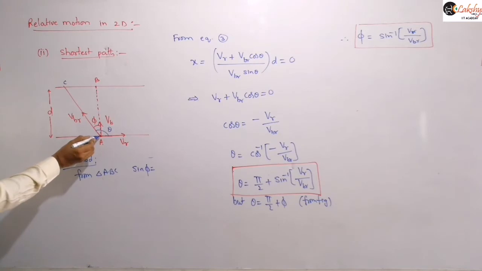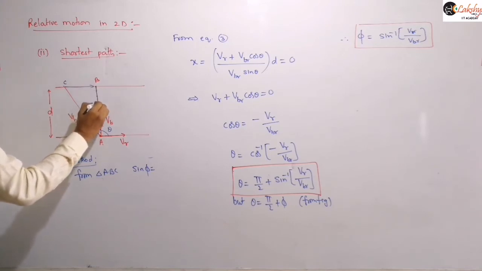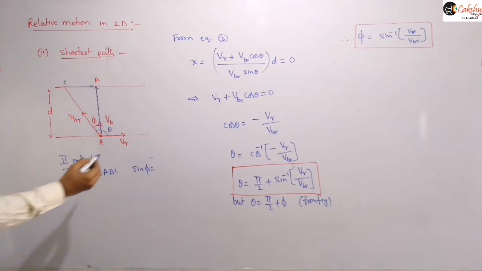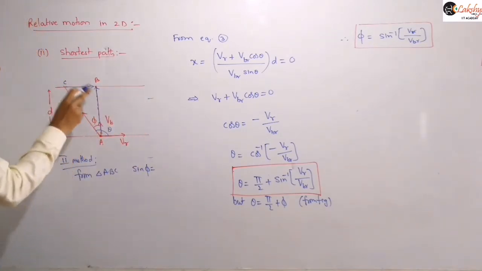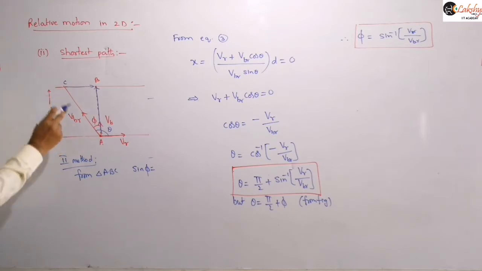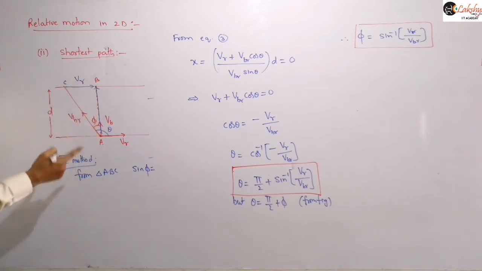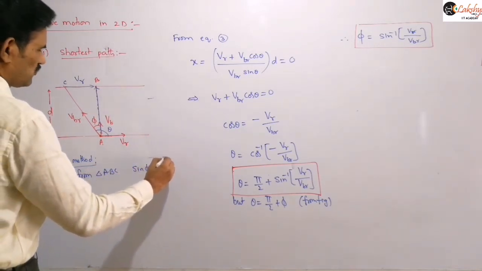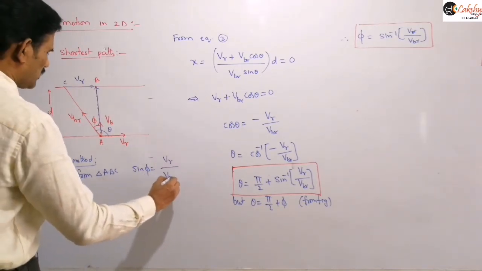That BC we can replace with this vector, which is parallel to this, so it should be along this direction. VB is along this direction. So those three vectors, VBR, VR and VB, form a closed triangle, and so we can write this as VR by VBR.